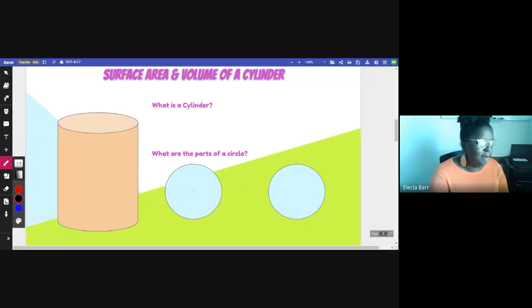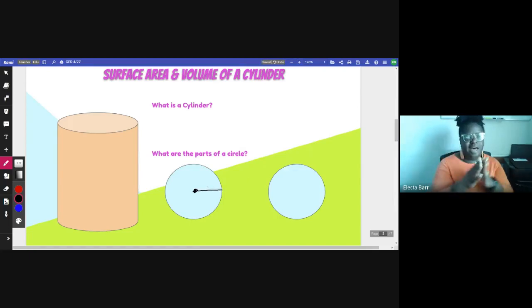It's just a point in the middle of the circle. And mine looks a little bad, but y'all can see it. And then from the center, let me do that again. That looks a little better.